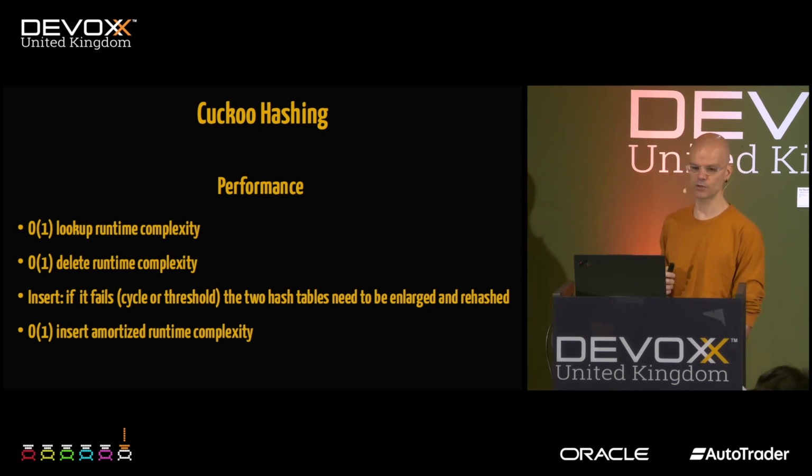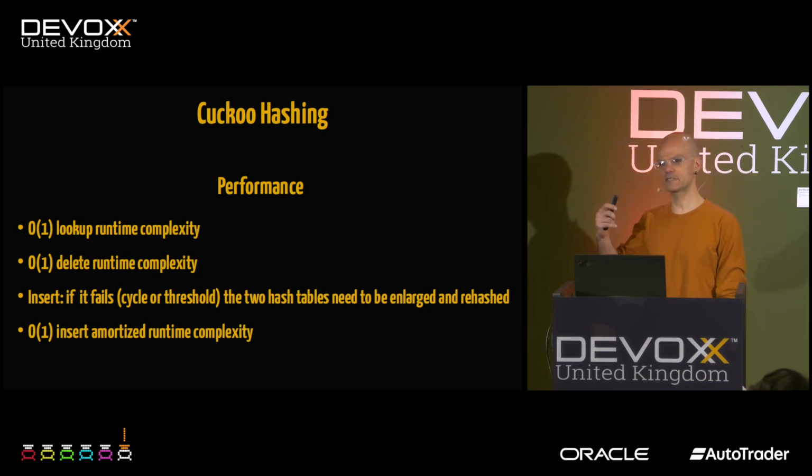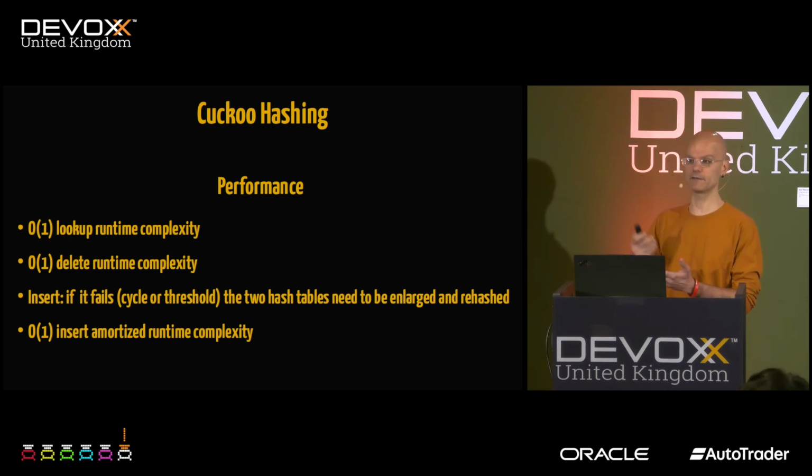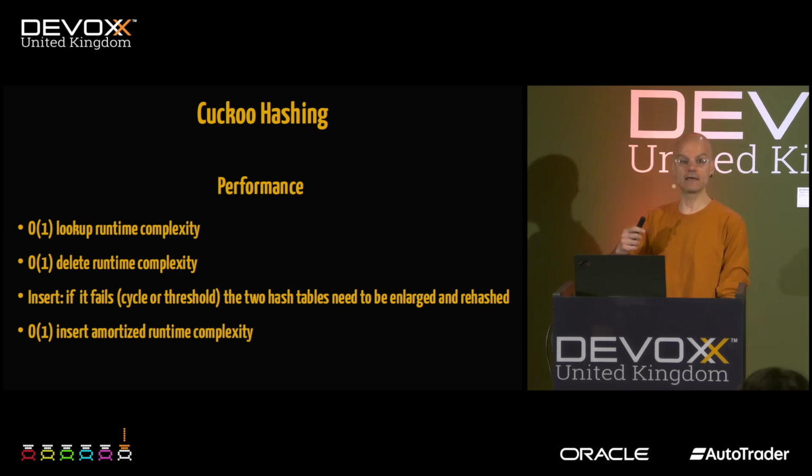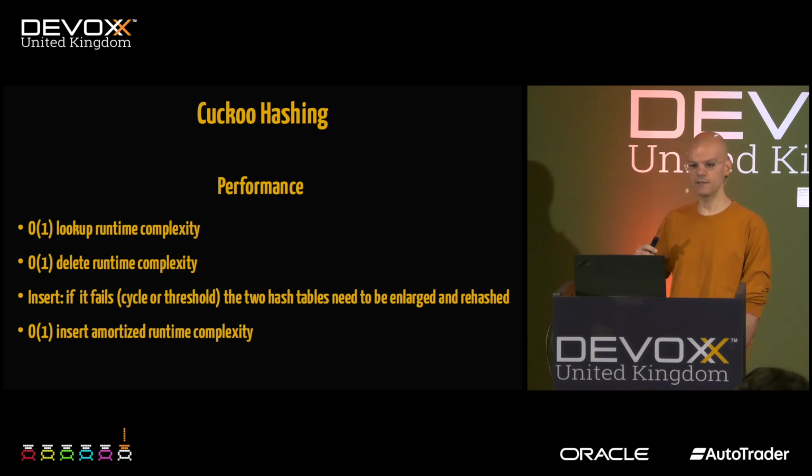Insert is a bit more tricky. As we have seen, what happens when we insert something? It can happen that it might kick out other elements from their position and keep doing that. So this might be tricky because it can be a cycle, for example, and then, of course, we cannot do anything.